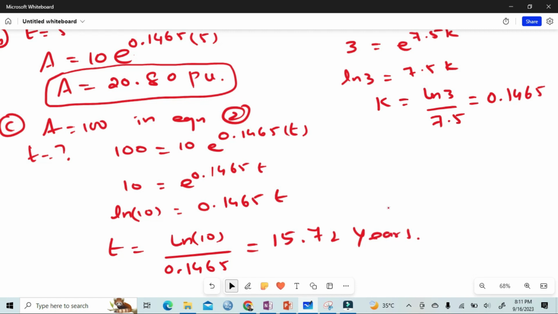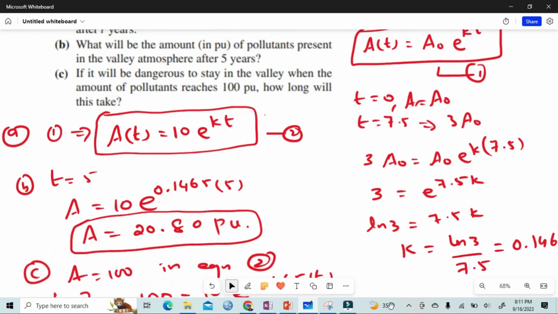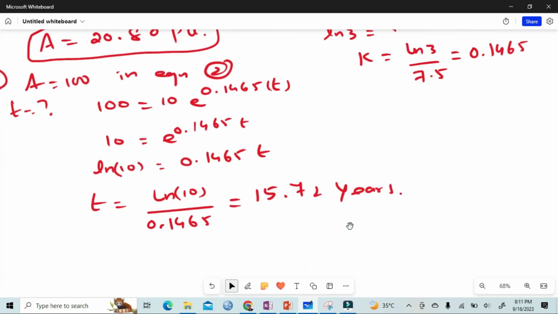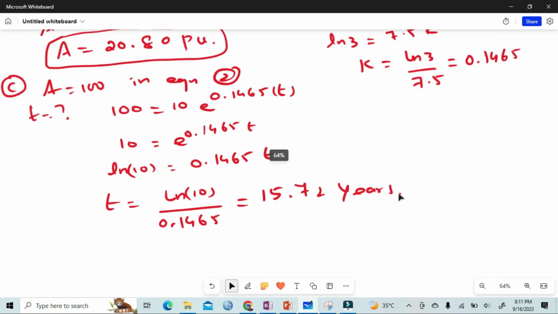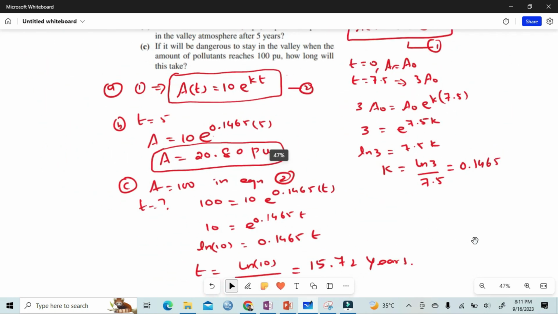So if the pollutant level should reach 100 pollutant units, since pollutant units are increasing in this problem, it will take 15.72 years. That's the end of this problem. The entire solution is in this page.